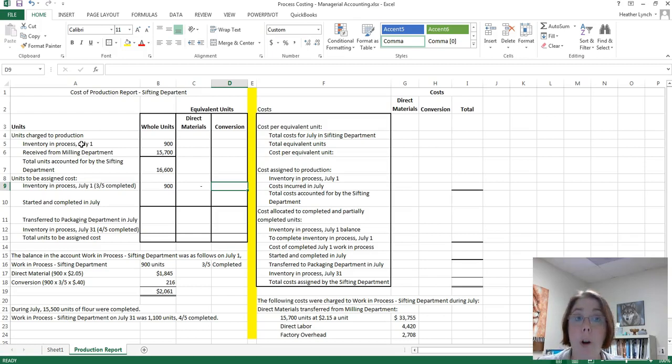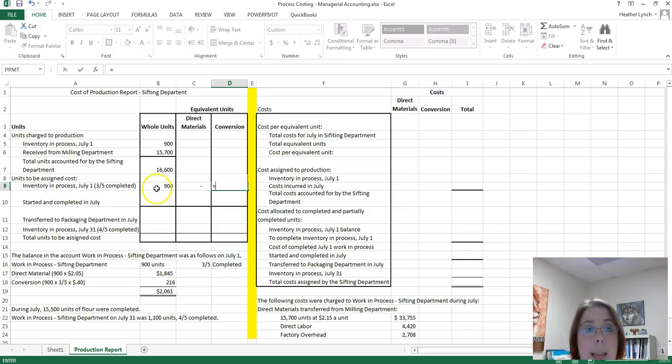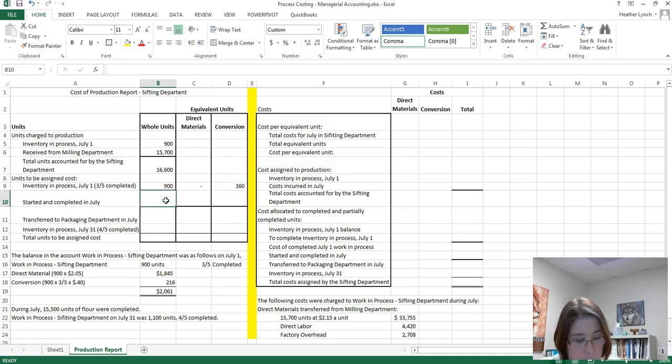On the conversion, it was 3/5 completed for us. We need to do an additional 2/5 of those 900 units. So we take our 900 times 2/5, because 3/5 plus 2/5 gives us 1, and we have 360 units. Now we need to look at the started and completed in July. We received from the milling department 15,700 units.